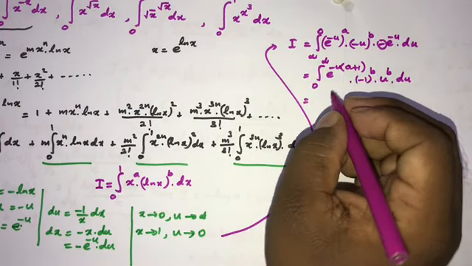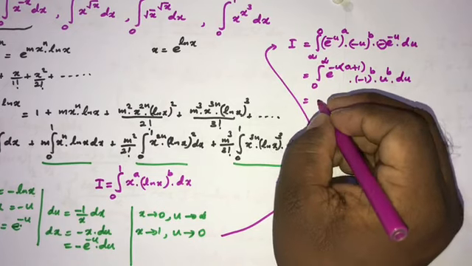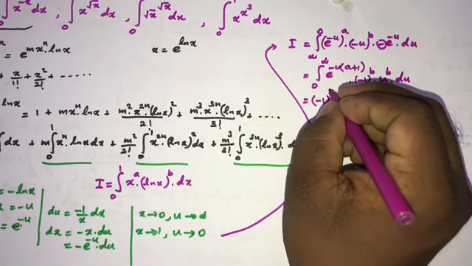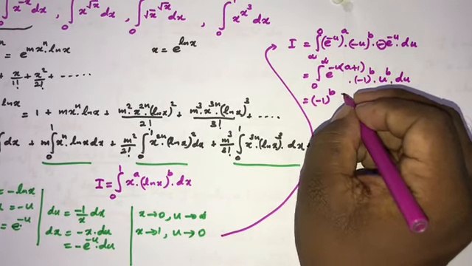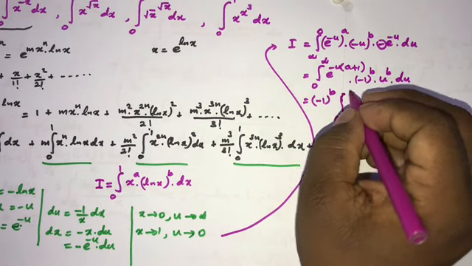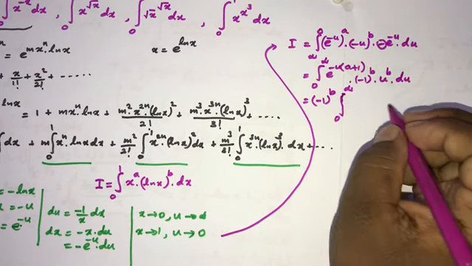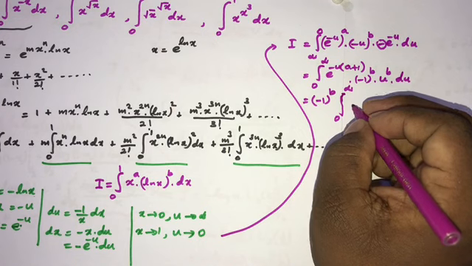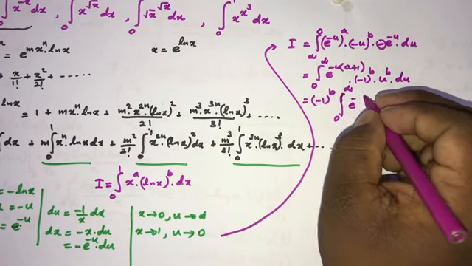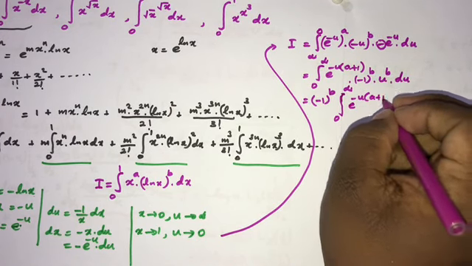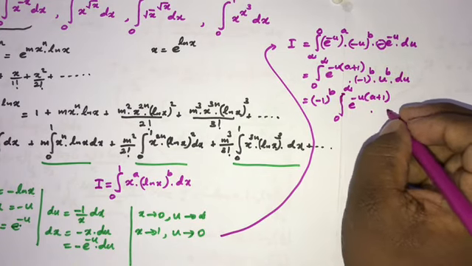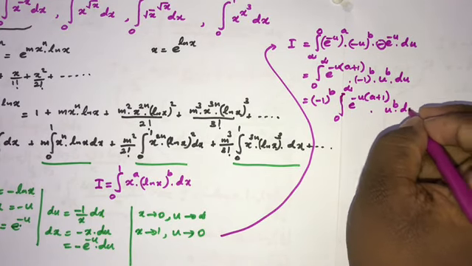Okay, then minus 1 to the b is a constant, so minus 1 to the b integral from 0 to infinity, e to the minus u times a plus 1, u to the b du.